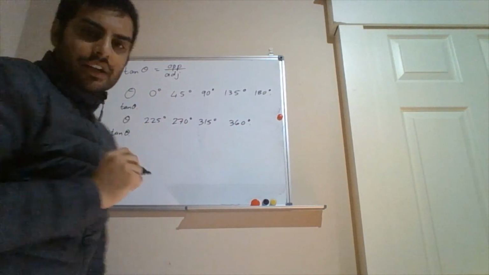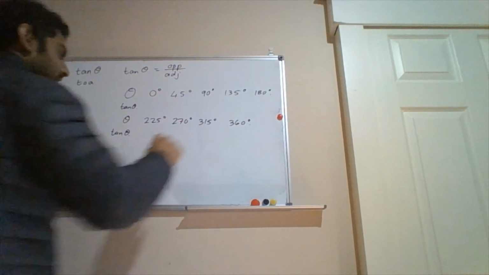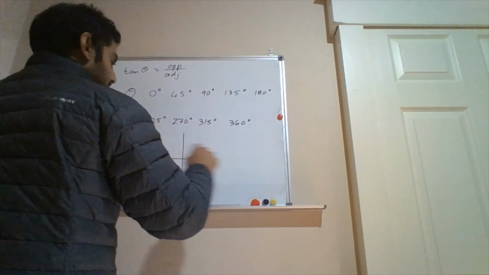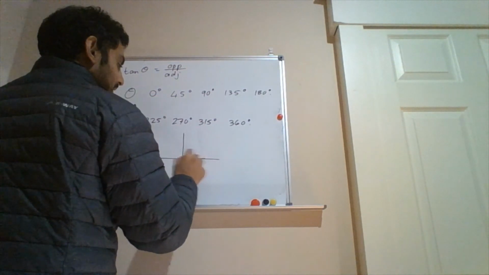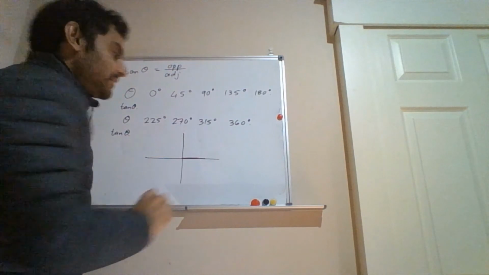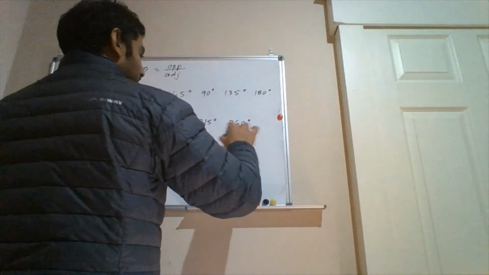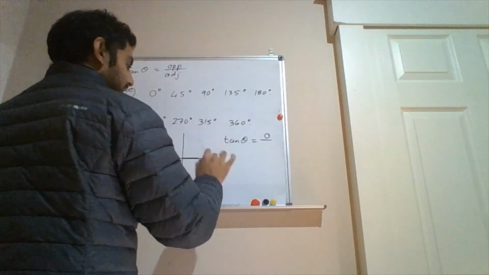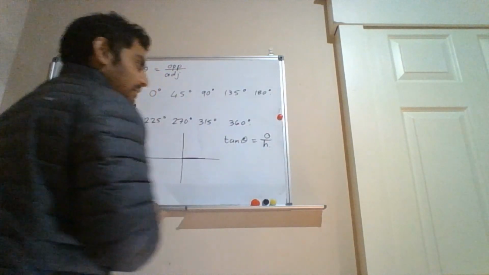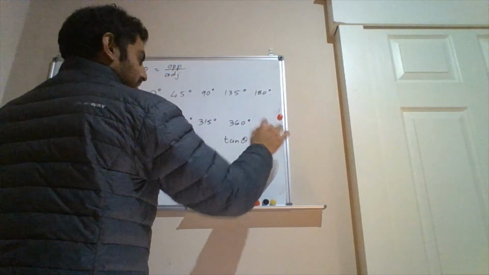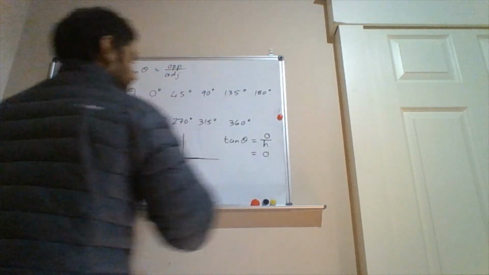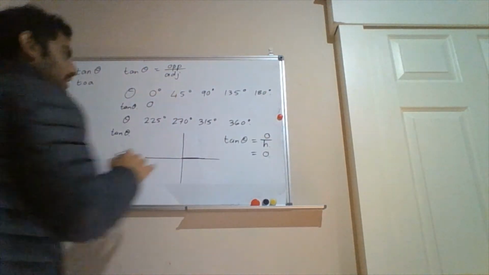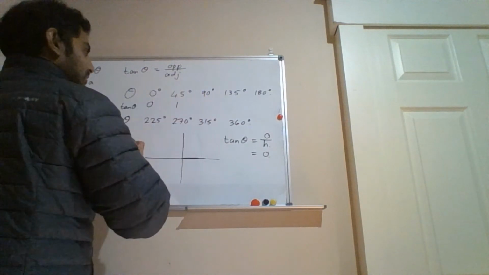Okay, so if we're trying to check for tan of 0, we can use our quadrant. So our arm lies flat. Our opposite is 0. So opposite is 0 divided by the hypotenuse. So 0 over the hypotenuse gives us 0.